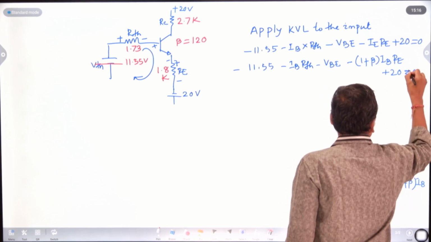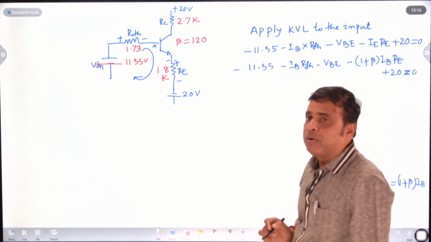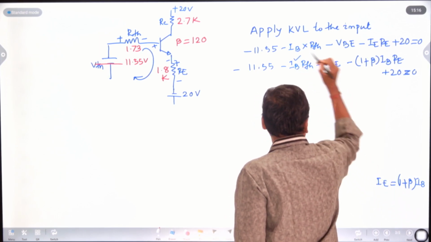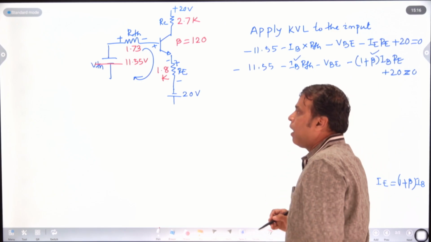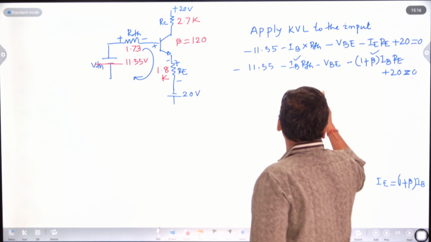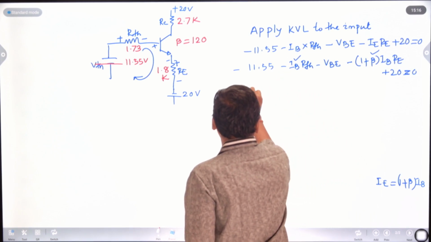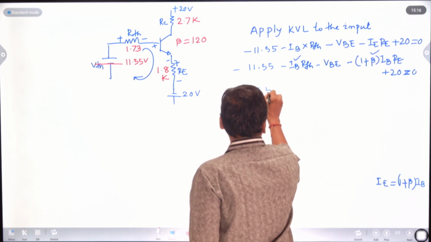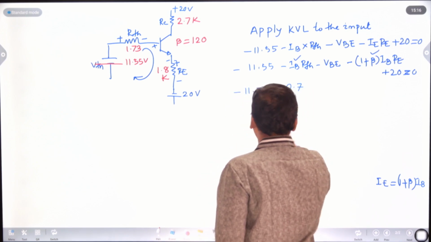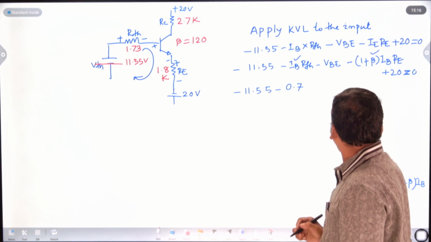We have to calculate the base current, so apply KVL to the input and find the input current, which is your base current IB. Our concern is to find the base current. VBE take as 0.7, because in the case of silicon, consider VBE equal to 0.7.